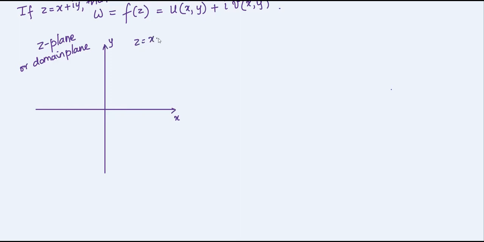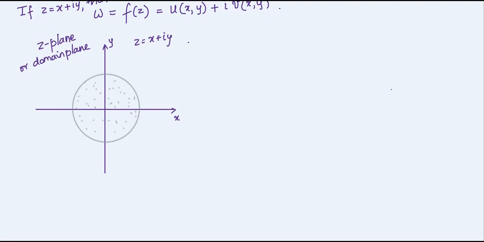Now z is x plus iy, and z satisfies, let us say, for example, that z is an open annulus or an open circular disk. So the domain is the set of all points like this, all infinite points like this.